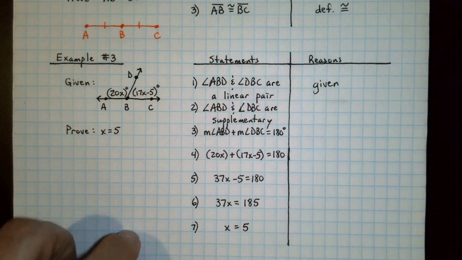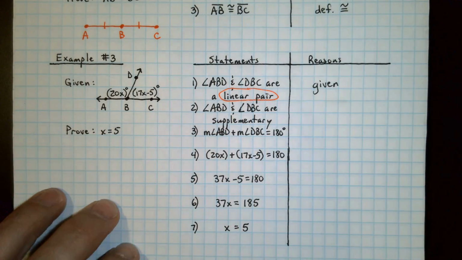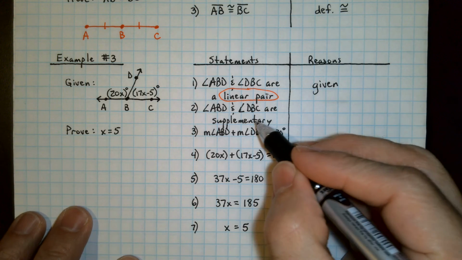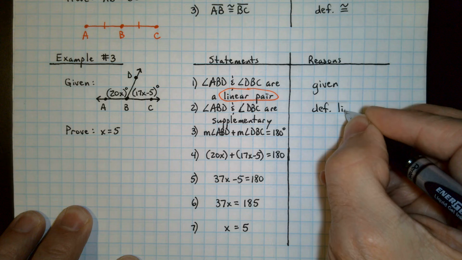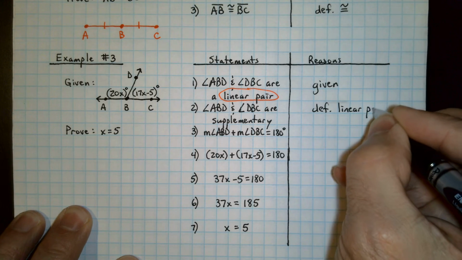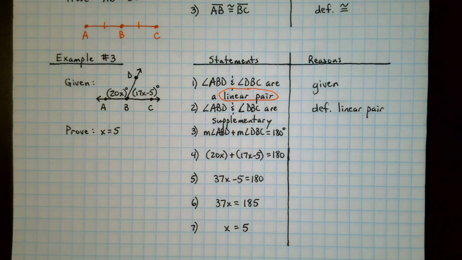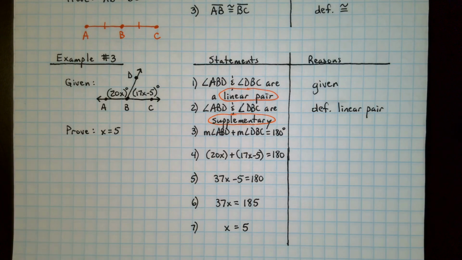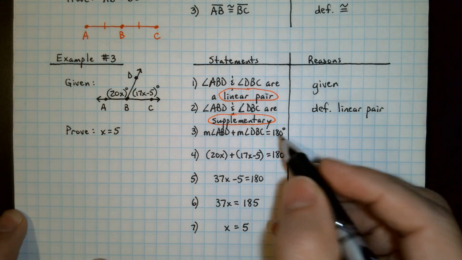Well, we see, like we did in the earlier example, a phrase, linear pair, leading us to know that these two angles are supplementary. So this is definition of linear pair, just like we used in example 1. We again have a phrase, supplementary. And we're going to use that then to know that that means they add up to 180 degrees.